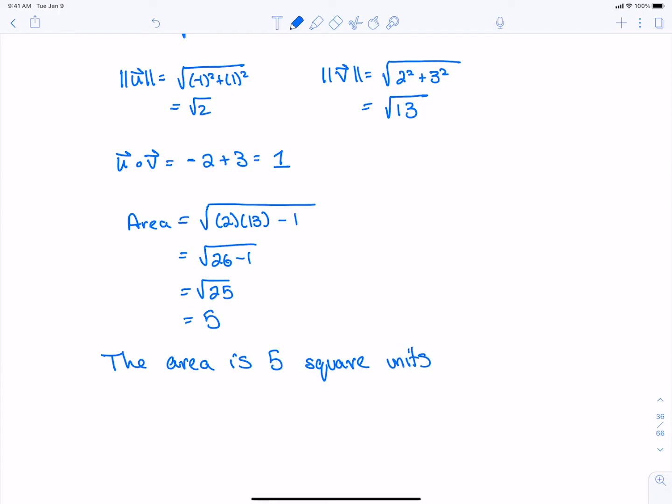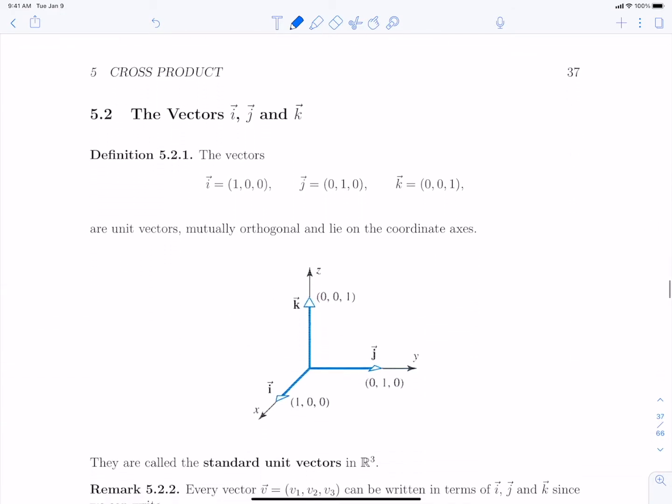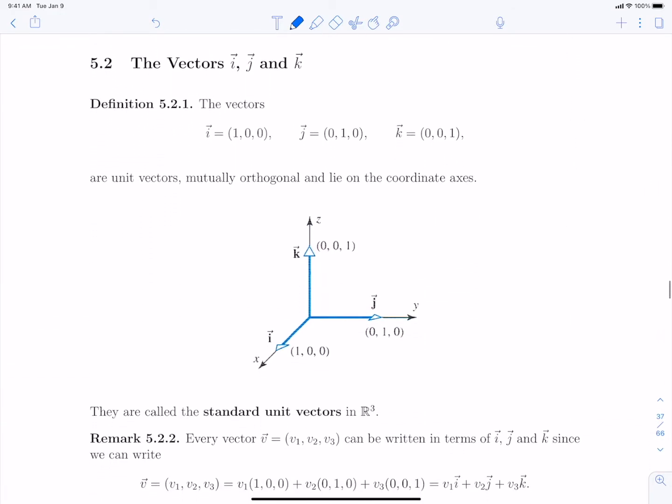So that's great that we have a formula that works best for R2, but we were talking about this idea of a cross product. And so we're going to introduce that idea now in 3 dimensions. Before we can get there, we need to identify these vectors called the i, j, and k vectors.